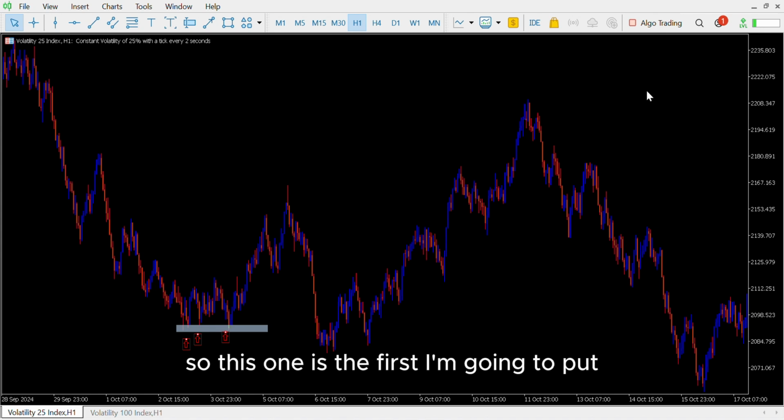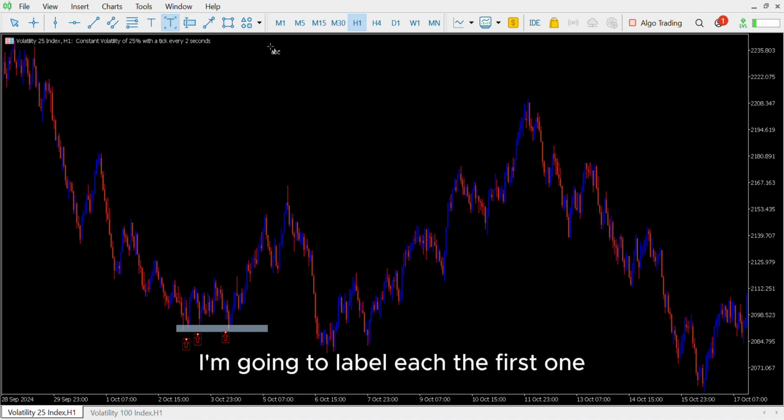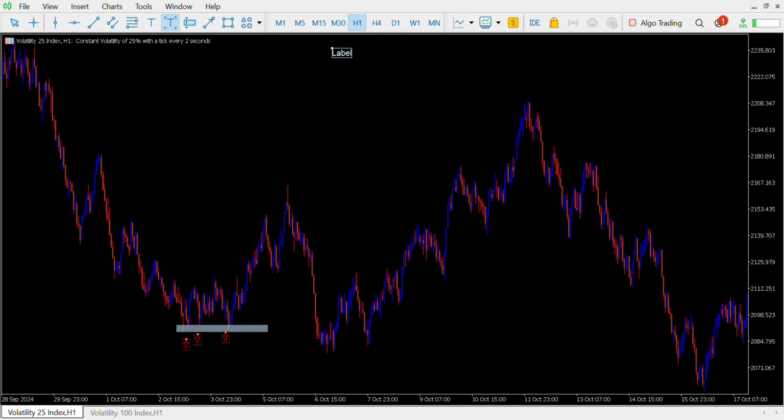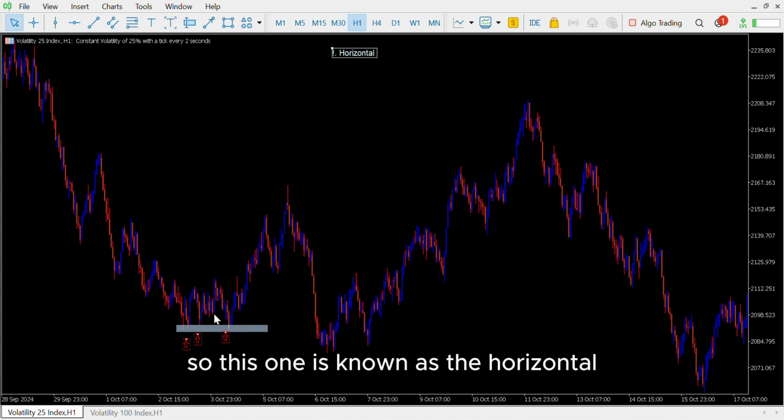So this one is the first. I'm going to label it the first one. The first one is called the horizontal. So this one is known as the horizontal, whether it is at the top as the resistance or at the bottom as the support.